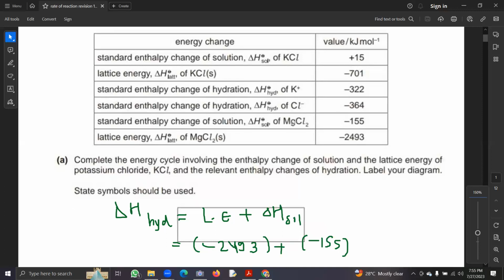On the hydration side, I can put the magnesium hydration plus twice the chloride hydration, because this is magnesium chloride, 2Cl minus, should dissolve. Okay, 364 into 2, plus. Yes, that's what we had to find. The unknown, that's x only we had to find. That's correct.